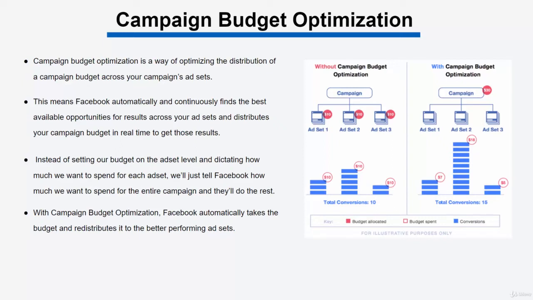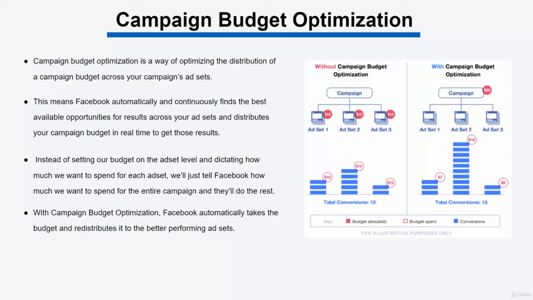Now with campaign budget optimization, we can see that with ad set 2, there was $18 spent on this particular ad set, and we got a ton more conversions because Facebook started noticing, okay, ad set 2 is converting very, very well.